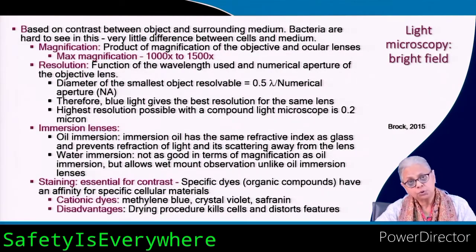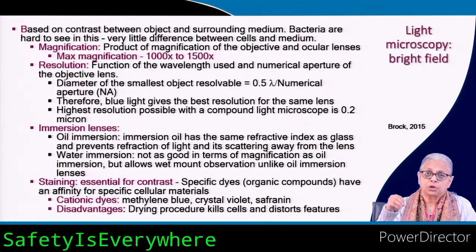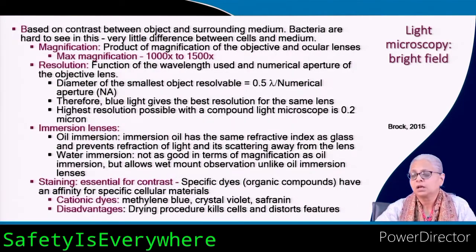And even though water gives you somewhat better results than air, the biggest advantage is that you can look at wet mount. So I can tell you again from experience that if you take a drop of water and you just want to play around and look at what is there in a pond or a river water sample, you don't put a cover slip on it, you allow the objective lens to be immersed in the drop of water.